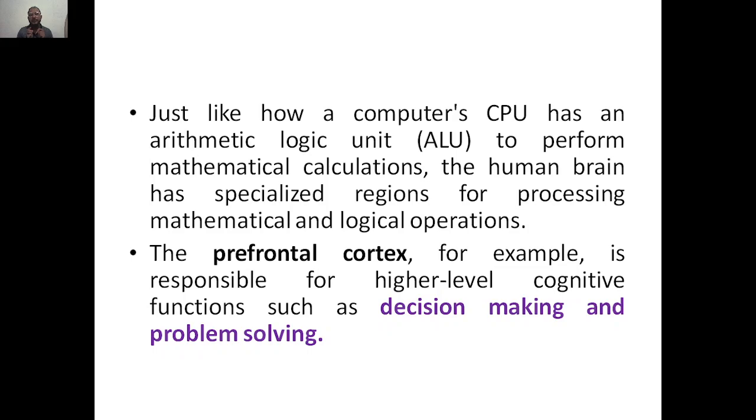So wherever you need high-level cognitive functions, we need the prefrontal cortex to work properly. Why? Because it requires a high level of cognitive function, and only the prefrontal cortex can do that, for example decision making and problem solving.